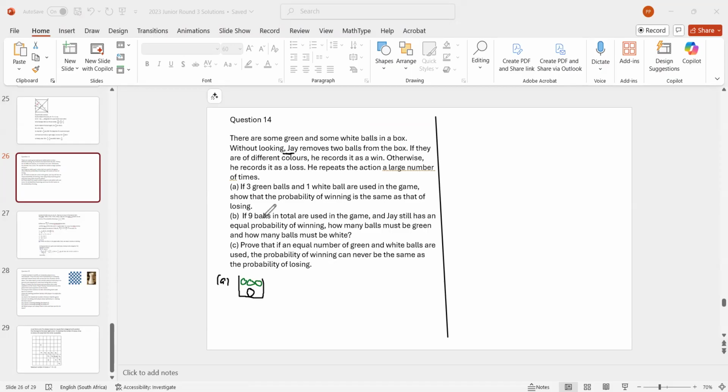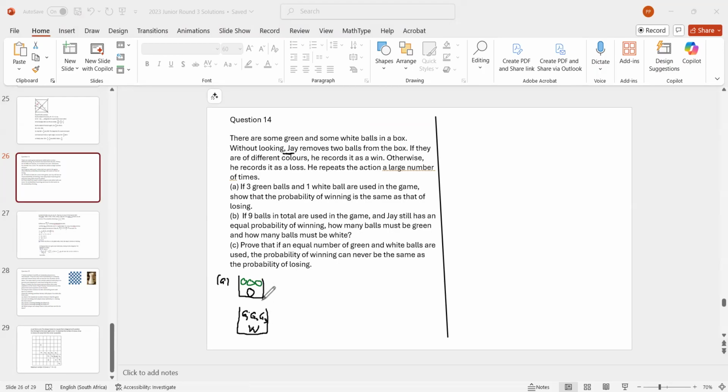Now we have to work out the probability. So you've got green balls. We have to identify them. You call these G1, G2, and G3 because they are different. And then we'll call this white. I could have picked this ball, or that ball, or that ball.